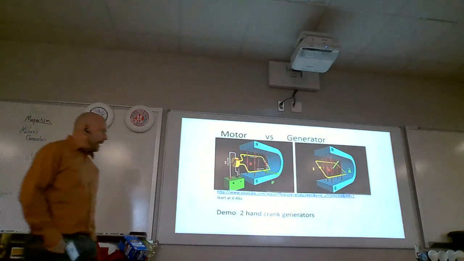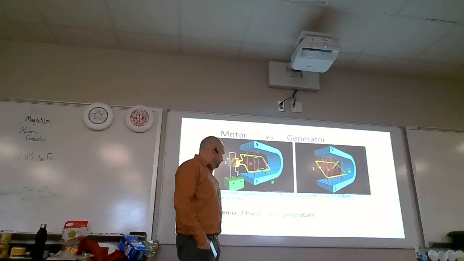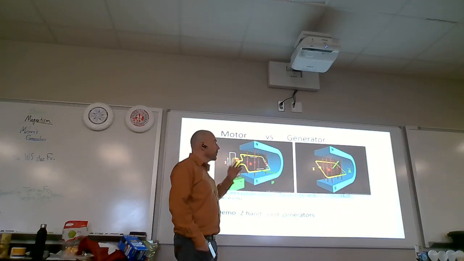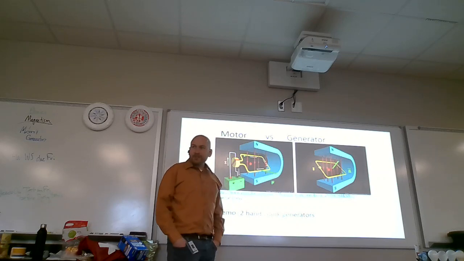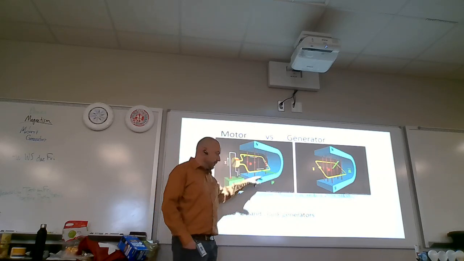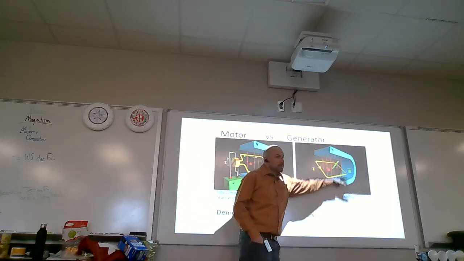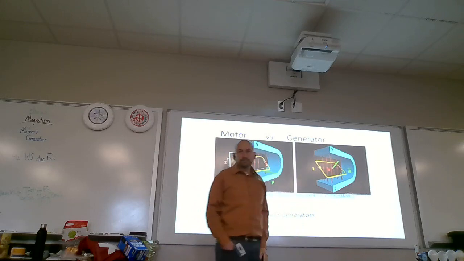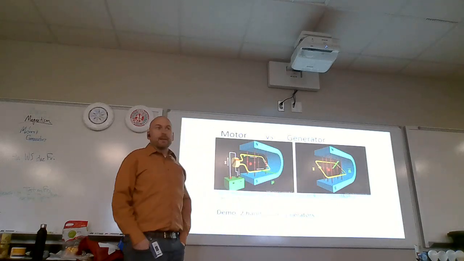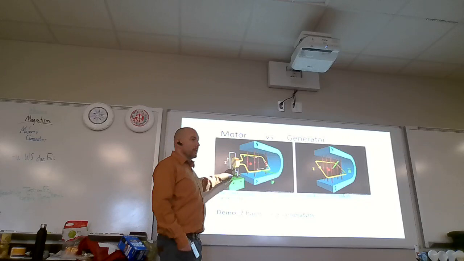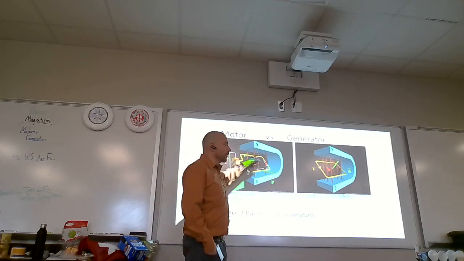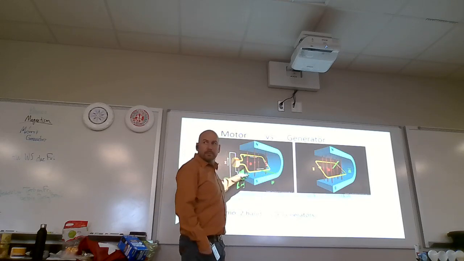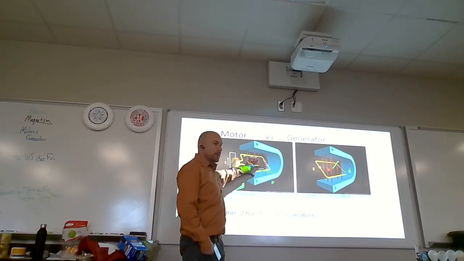So if we look at the basic components of a motor and a generator, they're essentially the same thing. You've got a magnet with a magnetic field, and you have a loop of wire. The difference is, in the motor, we hook that loop of wire up to a battery and allow current to go through it, which causes it to spin.